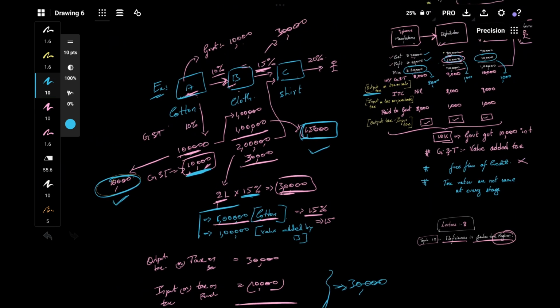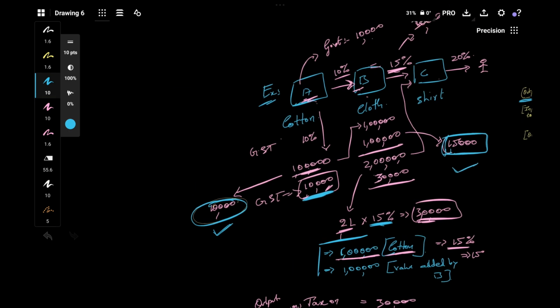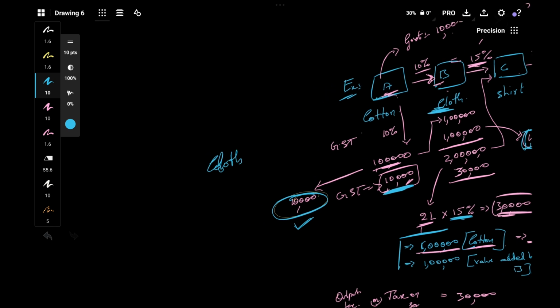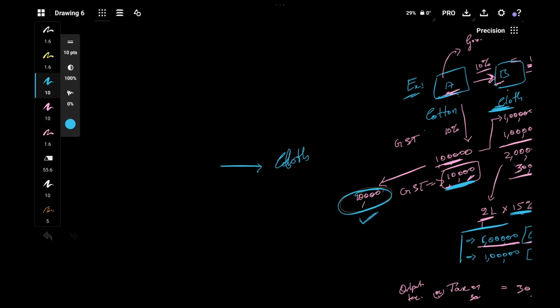So on purchases the tax rates will be different. Let's assume for cloth there may be different inputs, like they have to purchase some cotton, some buttons, some thread. On thread there may be 20% tax, on buttons there may be 15% tax, on cloth maybe 10% tax, so on cotton there may be 10% tax.